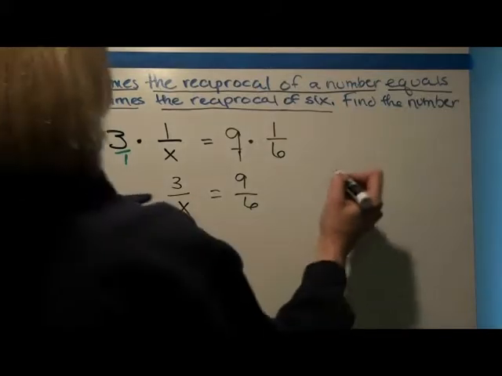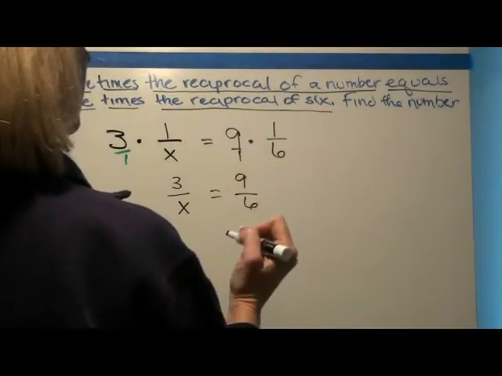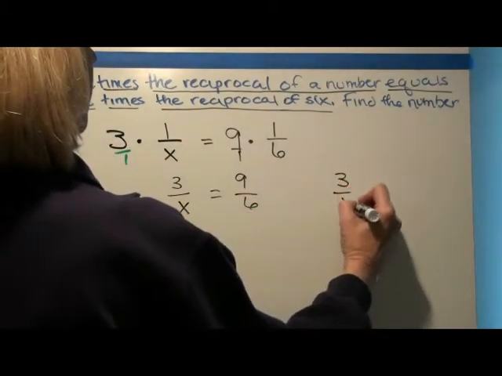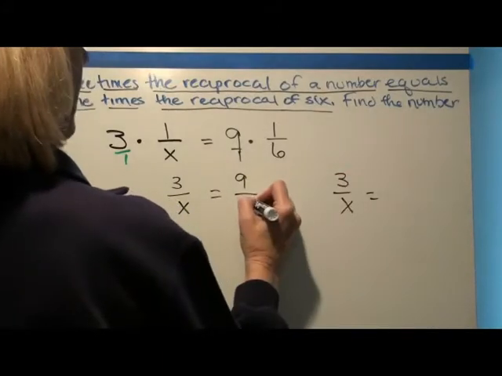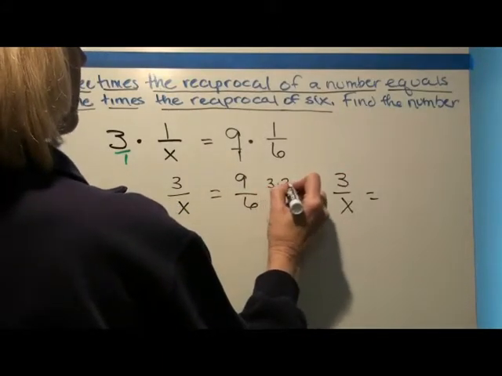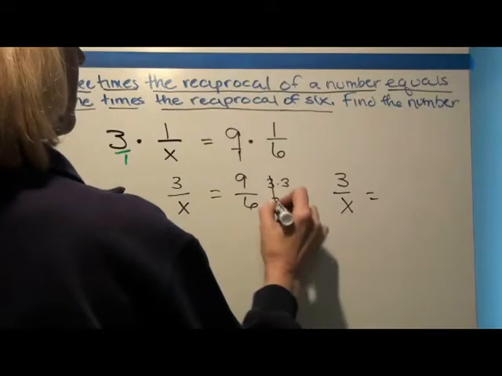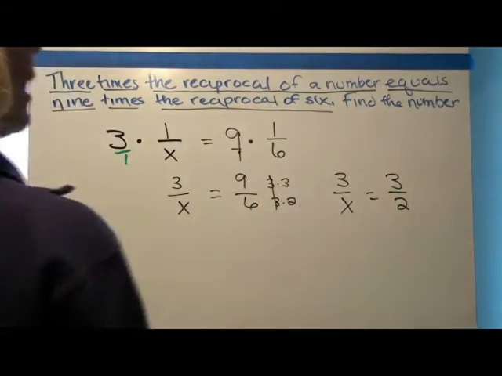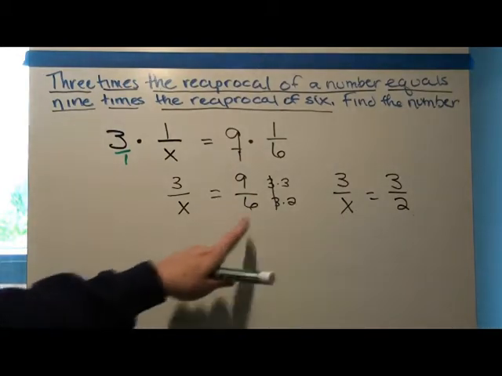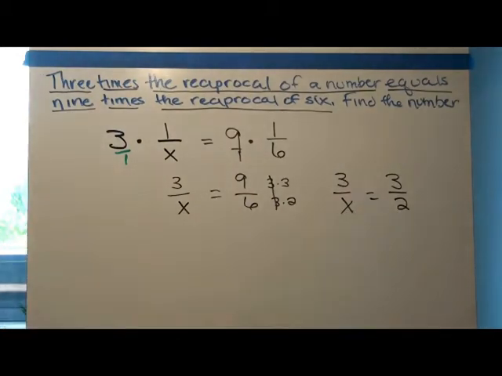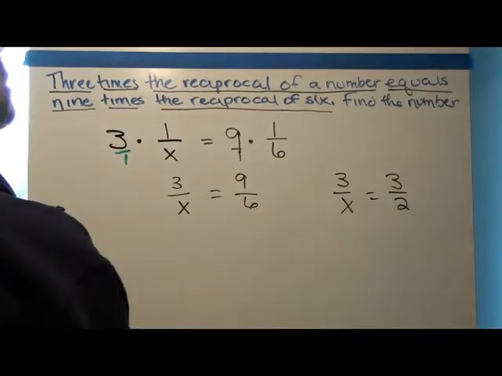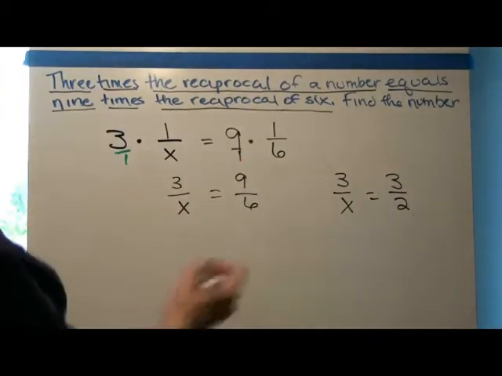On the other hand, if we looked at this and said, oh, I need to take out a 3 out of each of those because I have 3 times 3 over 3 times 2 and it can be reduced, I could write my problem like this. Regardless of whether or not you reduce this, you're going to come up with the same solution. So let's just do it this way first.